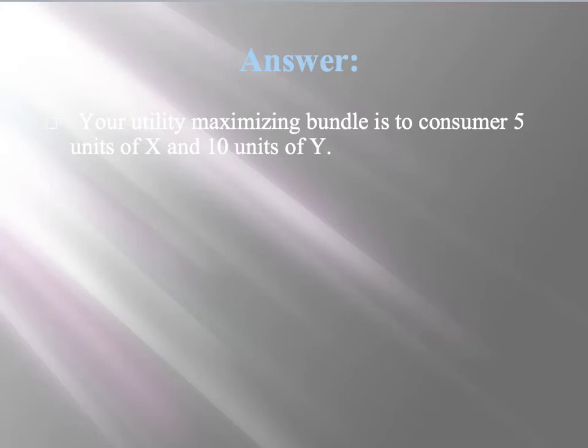So we've used our budget up, and if we're maximizing the utility from the different goods, given the indifference curve or set of preferences or the utility function that we have been given, this is our utility maximizing bundle of goods. 5 of x, 10 of y.